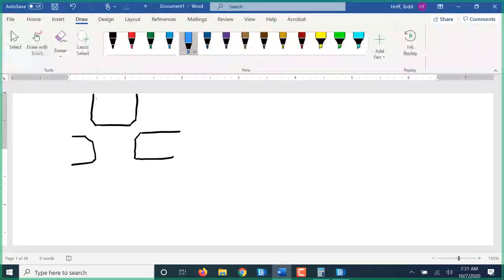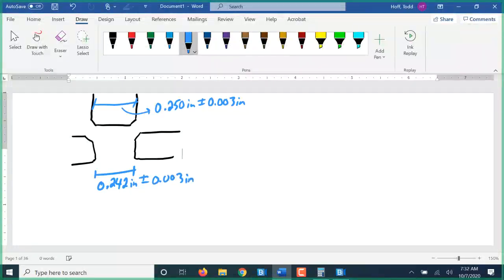So if I'm looking at this, if this pin here is given as 0.250 inches plus or minus 0.003 of an inch, and this hole down here is given as 0.242 inches plus or minus 3 again, I want to see if you remember how to find the minimum and maximum interference.